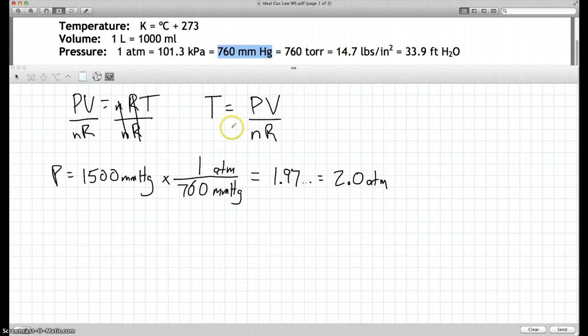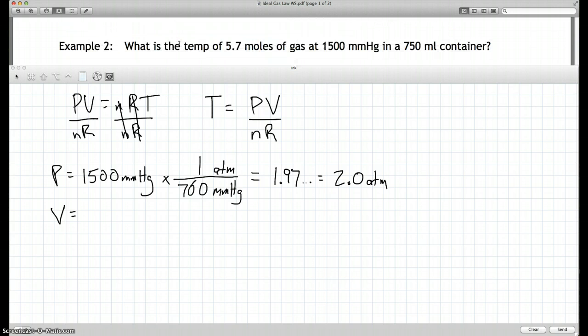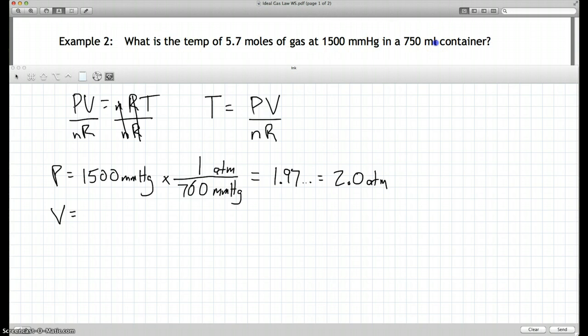The next variable I need is volume. And I look at my question, and I have a volume. It's right there, 750 milliliters. But again, that is the wrong unit. I need to have liters. Well, to go from milliliters to liters, I just move the decimal point over 3 places.